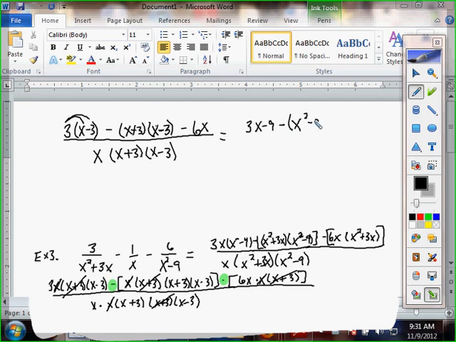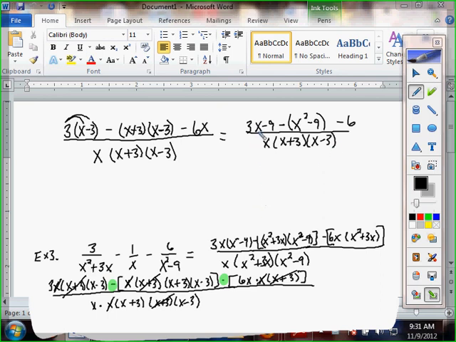I'm going to leave that in parentheses because now I'm going to be able to distribute this minus sign through. Minus 6x over x times x plus 3, x minus 3.